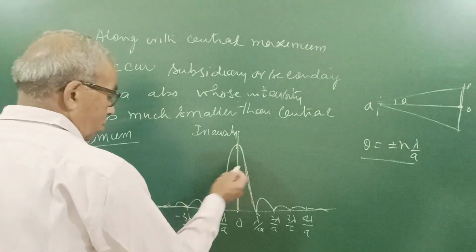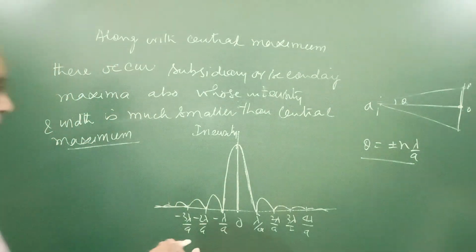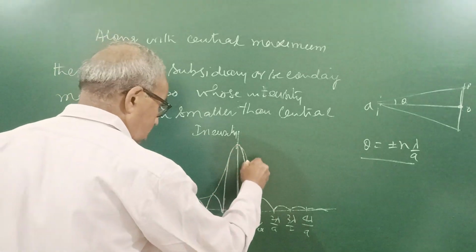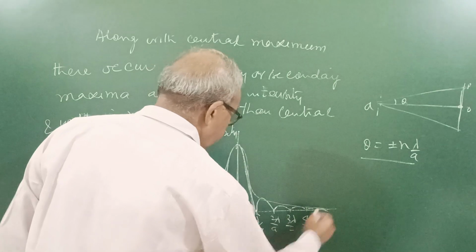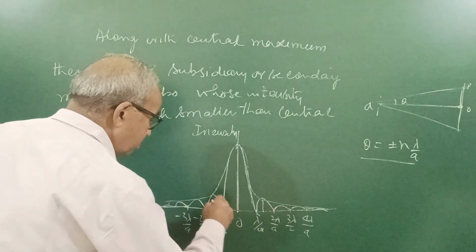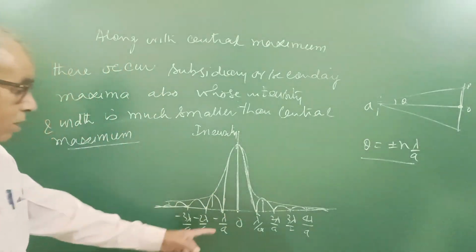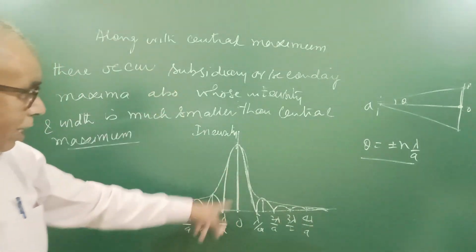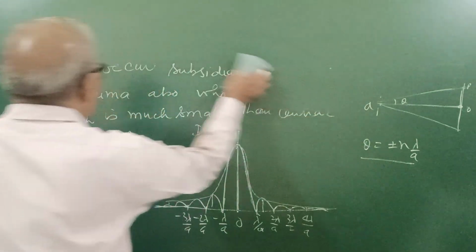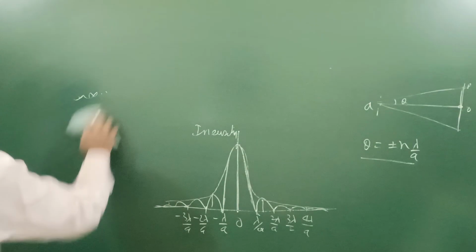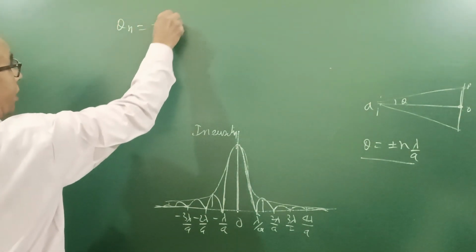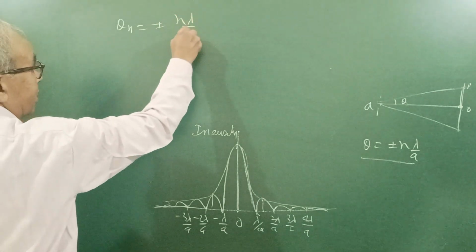If we join the heads, we get this variation. So these are secondary maxima. At theta equal to 0, we get maximum. The intensity becomes 0 at theta equal to plus minus n lambda by a.